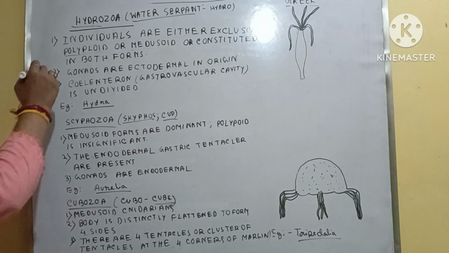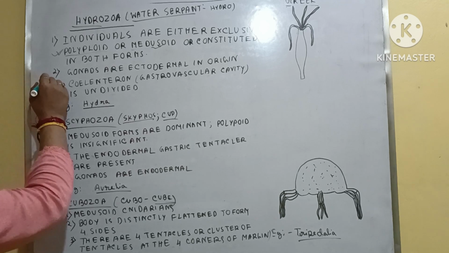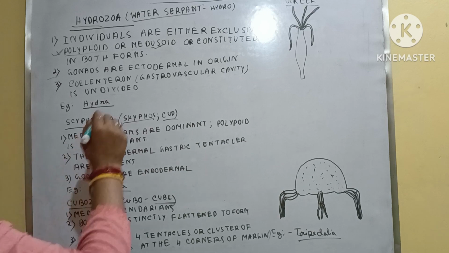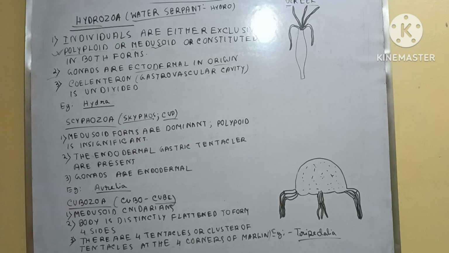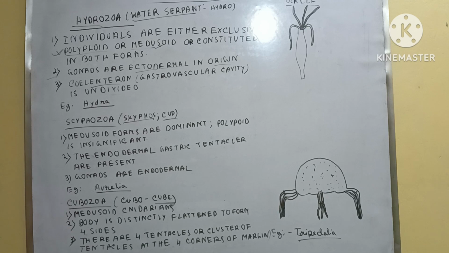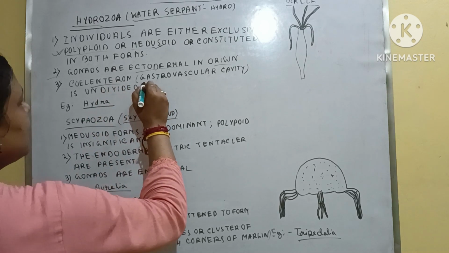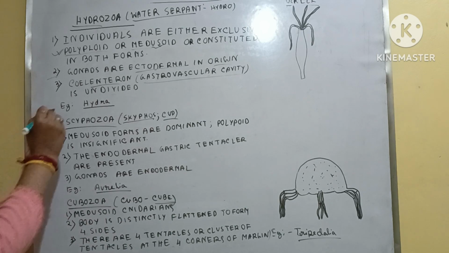The second characteristic feature is that the gonads are ectodermal in origin. The third one is the coelenteron, which is nothing but the gastrovascular cavity, and that is undivided.